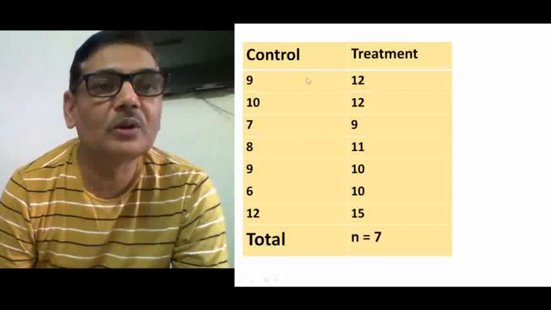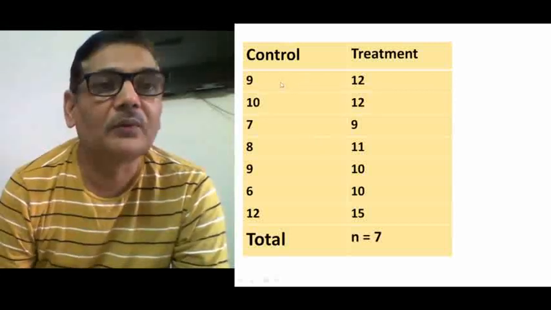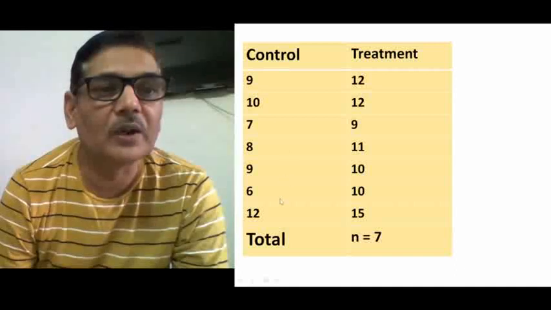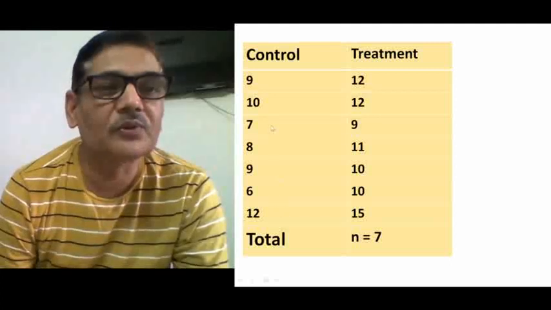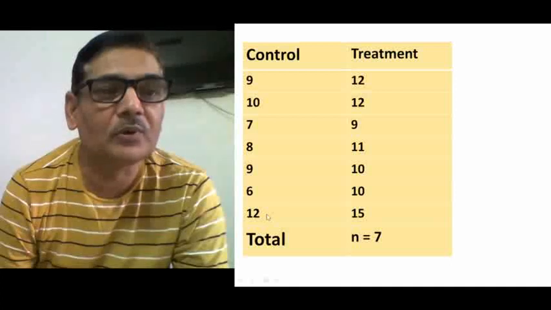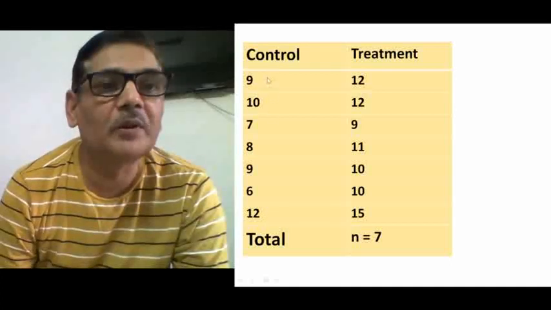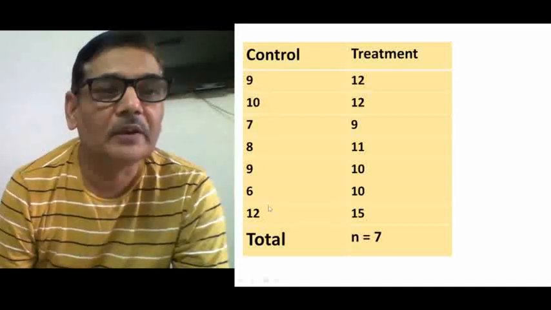Here I have shown data regarding a particular trait. For example, the control conditions are there, in which 7 individuals have been observed for a particular feature. Suppose you have randomly selected 7 individuals from a population, and their hemoglobin content is measured in gram per deciliter of blood.